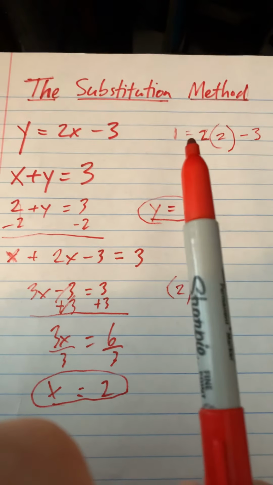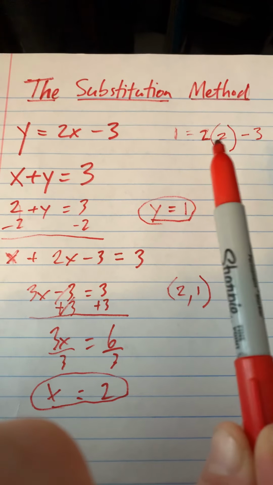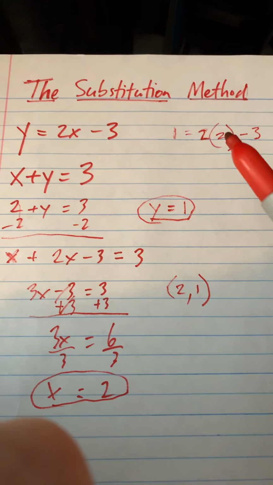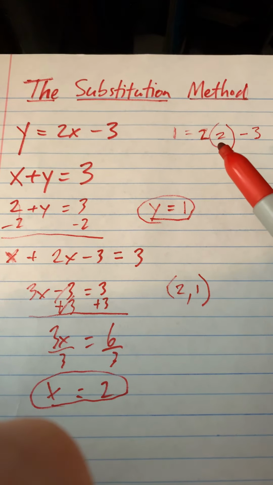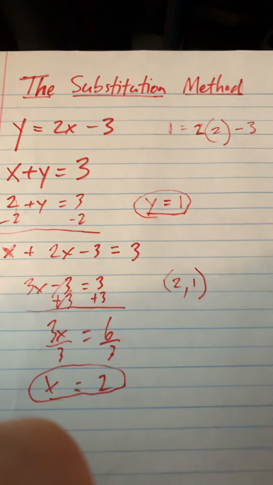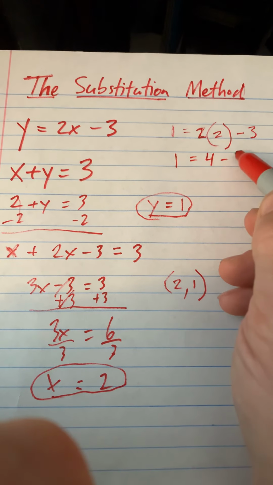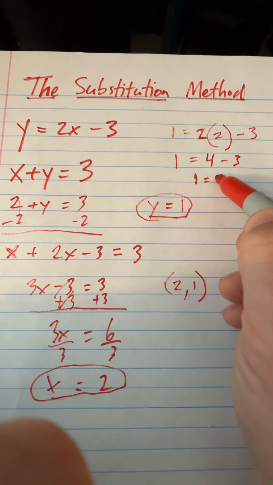So 1 equals 2 times 2, minus 3. Check it out: we got 1 equals 4 minus 3, so 1 equals 1.